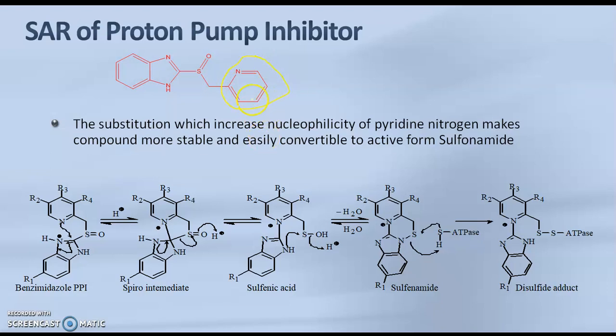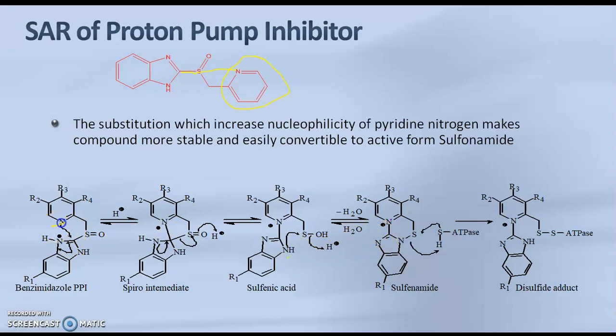The mode of action of these compounds is that they are prodrugs. Proton pump inhibitors are prodrugs; as such, they are not in the active form. When you take this proton pump inhibitor inside the stomach, such a mechanism is going to happen. This nitrogen donates a lone pair of electrons to this carbon.